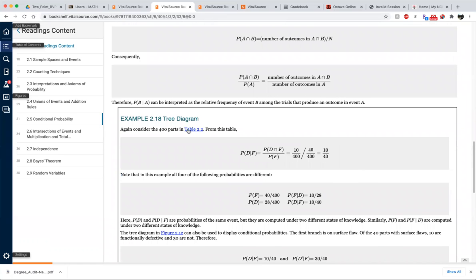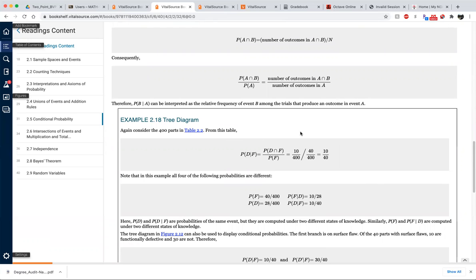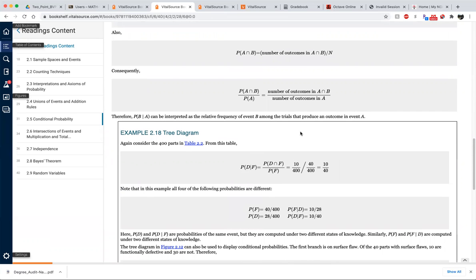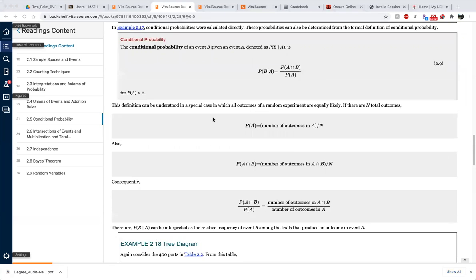So see example 2.18. Again, consider the 400 parts in table 2.2. From this table, I'm going to use the formula of conditional probability. Then P of D given F is going to be P of D intersection F. So we're going to find all the parts that have a surface flaw and are defective, which is 10, right?